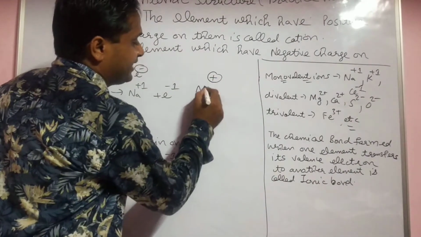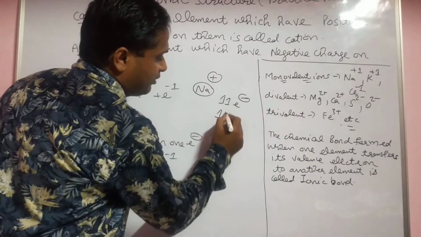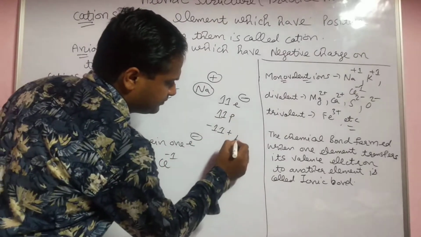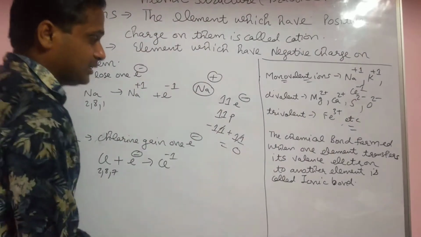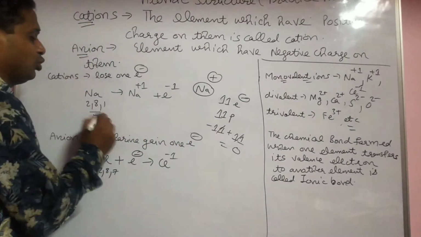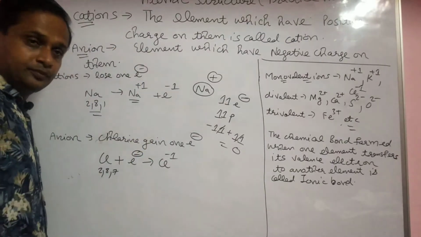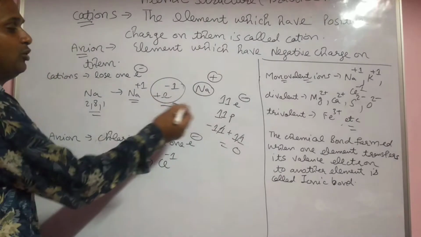Yes, you already know about this. For example, take sodium: 11 electrons and 11 protons. The overall charge is neutral, 0. But if sodium loses one electron, you always write the electron on the right side only, the product side.